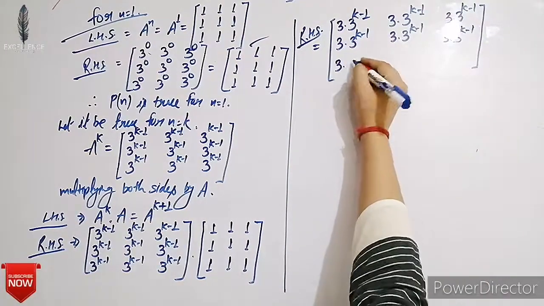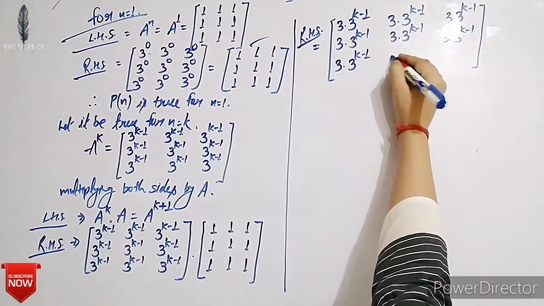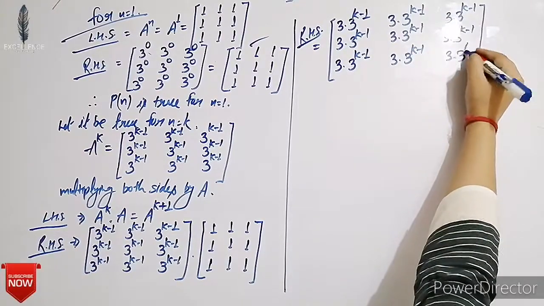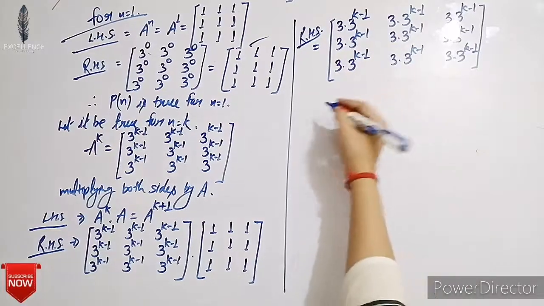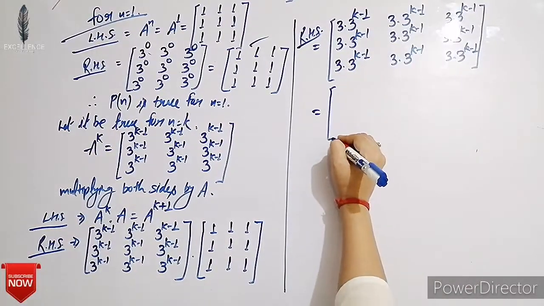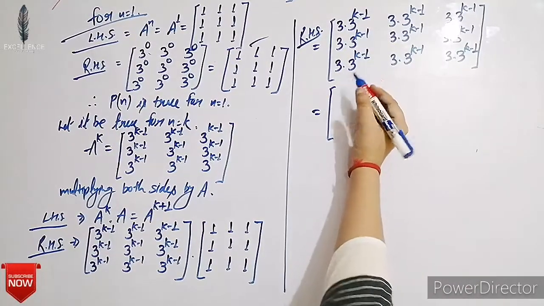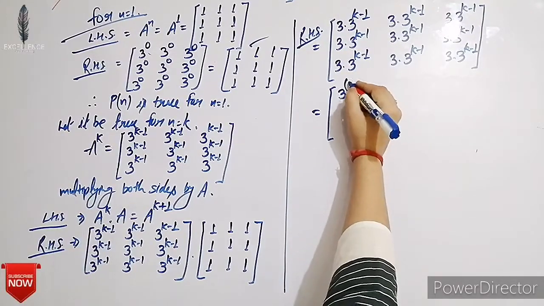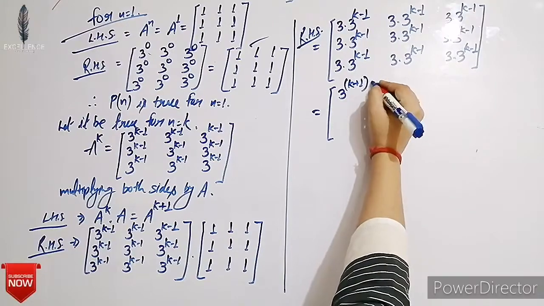Same in third row, 3 into 3 raised to k minus 1, 3 into 3 raised to k minus 1 and 3 into 3 raised to k minus 1 can be written as, it's k minus 1 plus 1, that is only k. So it can be written as 3 raised to k plus 1 minus 1.